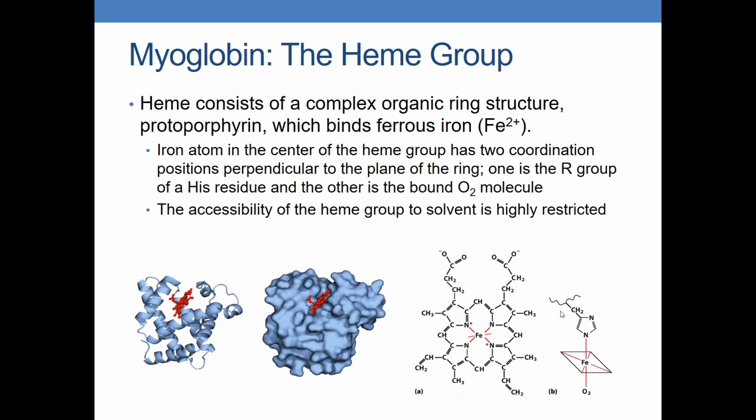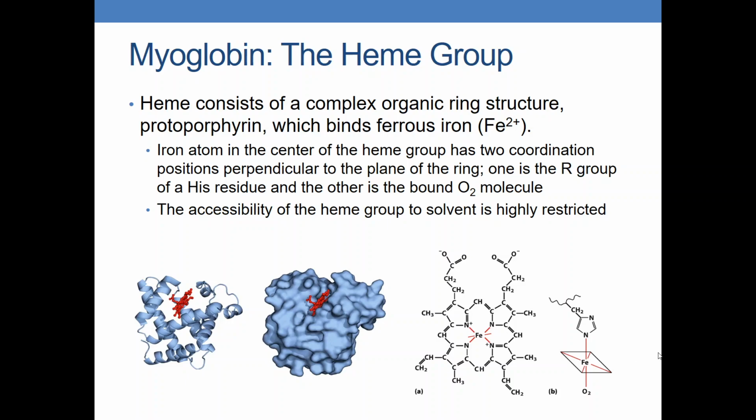The imidazole side chain of histidine sits there above, coordinated with the iron, and oxygen below. Again, let me really reiterate, it is important that this iron is solvent inaccessible so that it does not undergo oxidation, therefore preventing this geometry from happening.